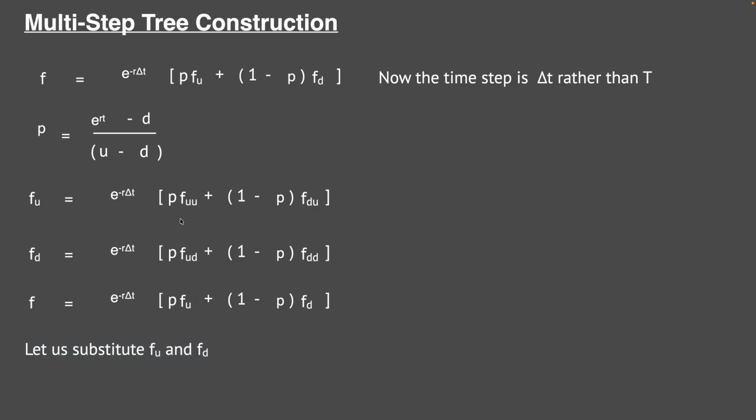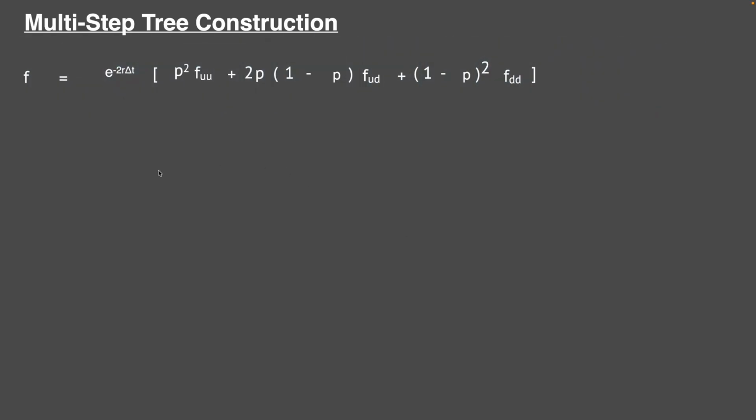So now if you substitute the value of FU and FD for a two-step model here, we know the value of FU here, we have calculated this, and we know the value of FD here. So all we are going to do is this whole value will get substituted here, and this whole value will get substituted here. So what are we going to get?